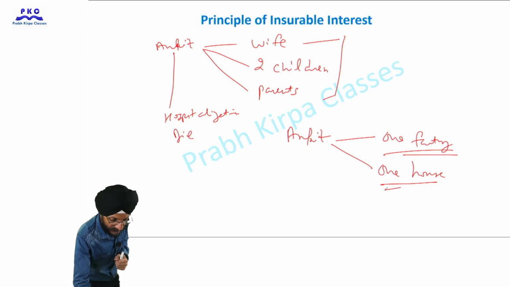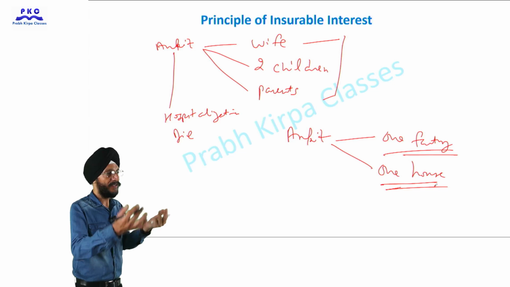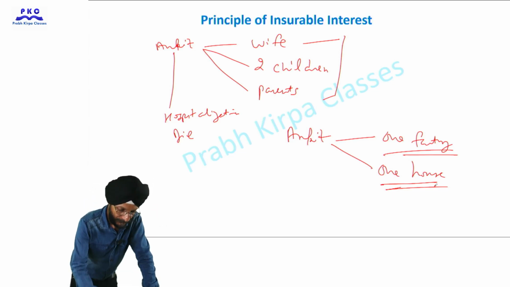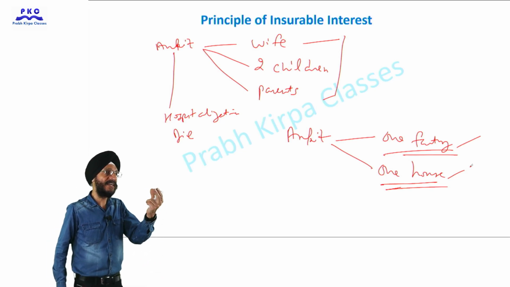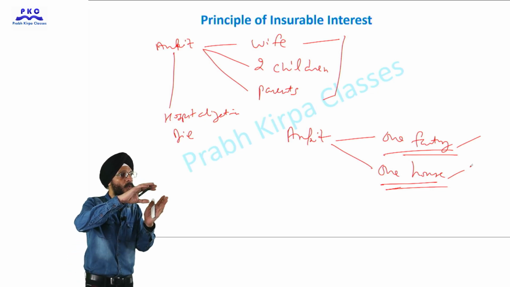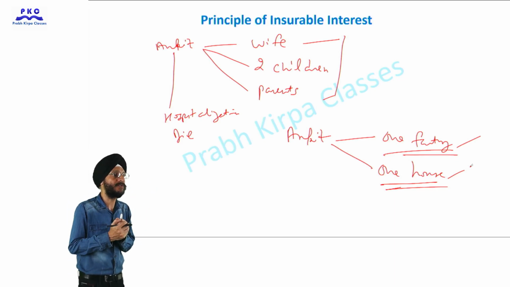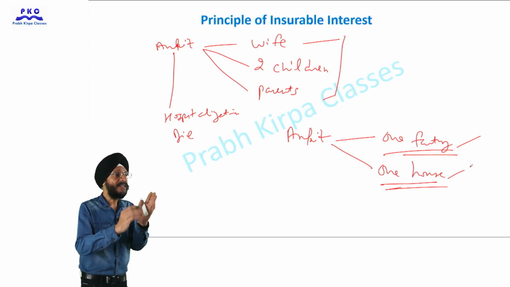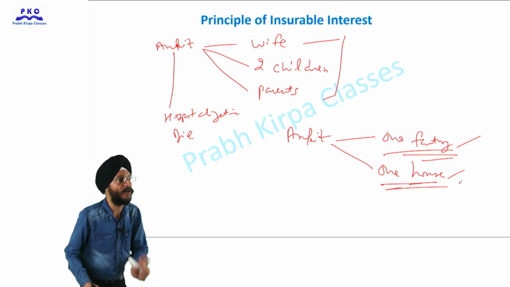If the house is okay, there is no fire, he stands to benefit. But if fire occurs at the factory or his house, he stands to suffer financially, because he will have to incur expenses on the repair of the factory as well as the house. So Ankit has insurable interest in respect of his factory and his house.